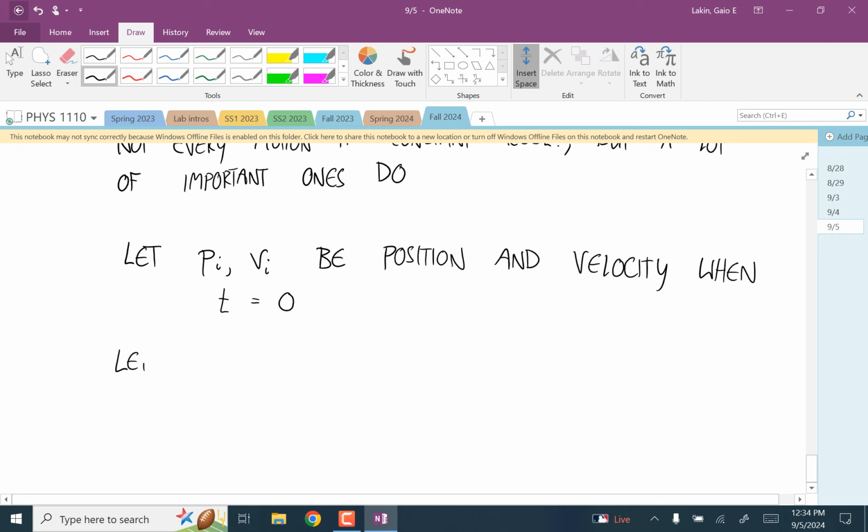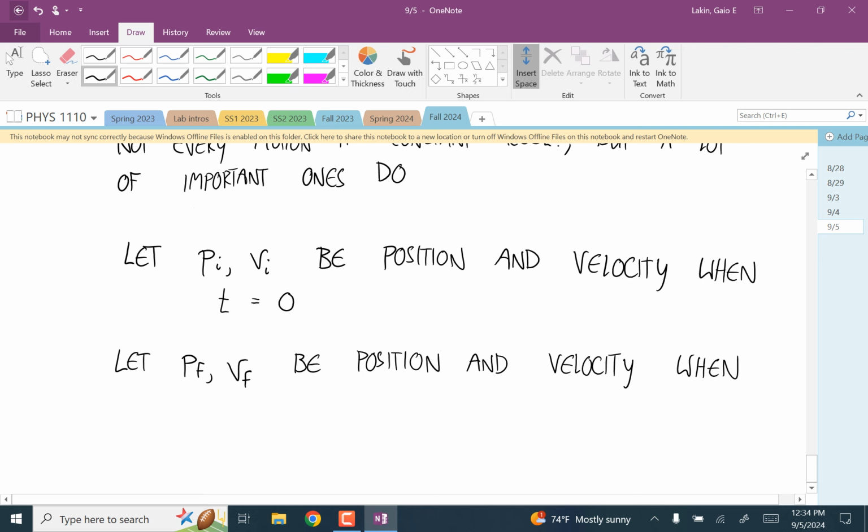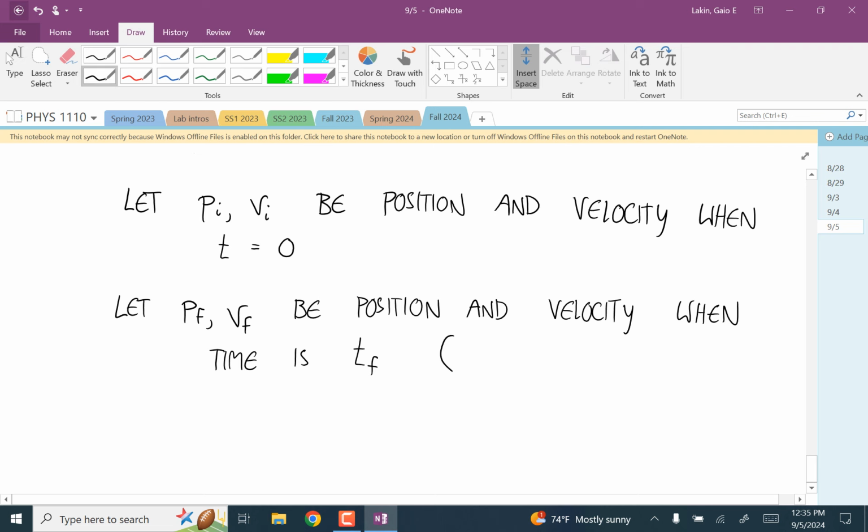And let P sub F and V sub F be the position and velocity when time is time final. You can think of this as when you click the stopwatch off to look at the time, okay? So this is when you turn the stopwatch off.